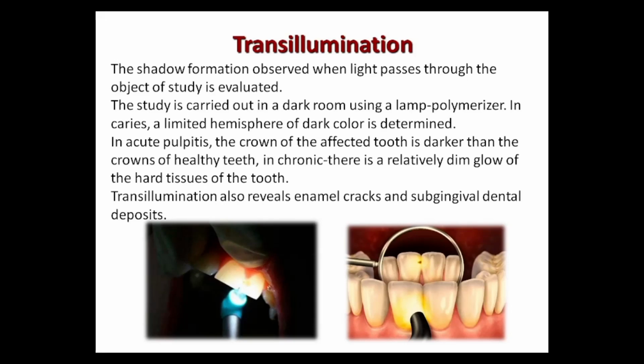In acute pulpitis, the crown of the affected tooth is darker than the crown of healthy teeth. In chronic, there is a relatively dim glow of the hard tissue of the tooth. Trans-illumination also reveals enamel cracks and subgingival dental deposits. You can see lamp, light for polymerization, and we can see shadow.